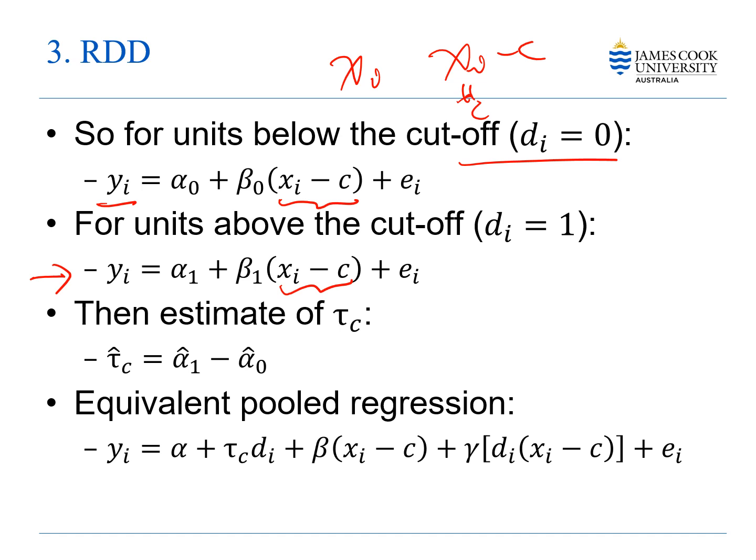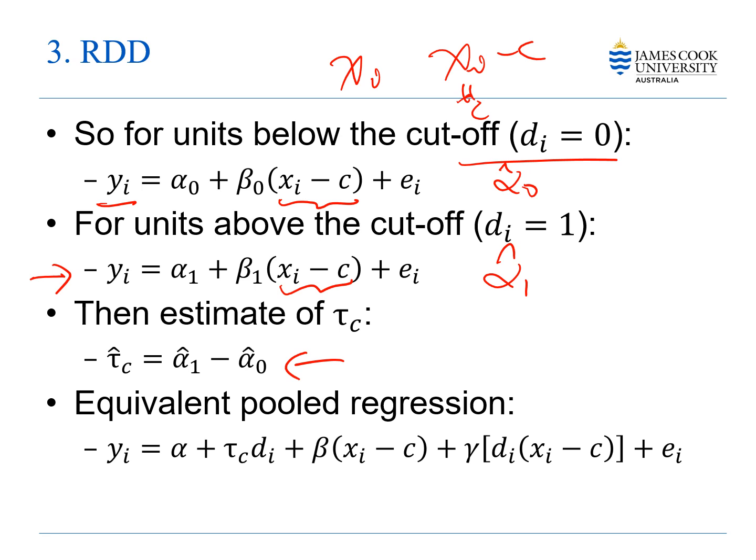If we use these two samples and run the estimation, we have estimates alpha 0 hat and alpha 1 hat. The local average treatment effect at the cutoff is the difference between alpha 1 hat and alpha 0 hat.